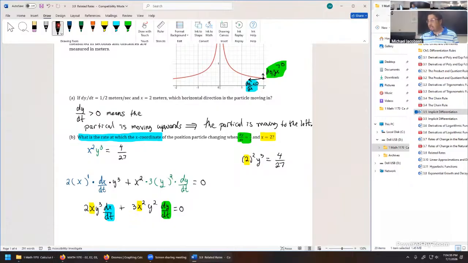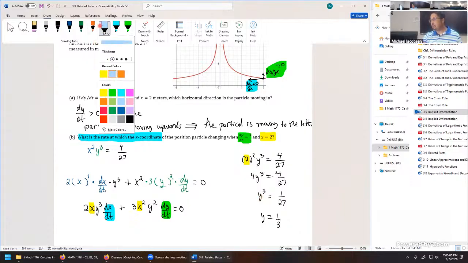Plug in the value for x there, and now this just becomes a fast equation to solve. 4y cubed is 4/27. Divide both sides by 4, and we get y cubed is 1/27. Take the cube root of both sides, and we get y equals 1/3. So now we have a value for y.